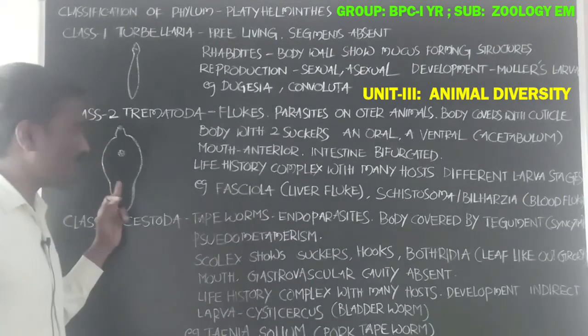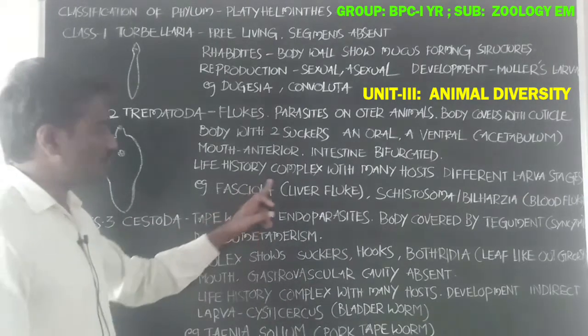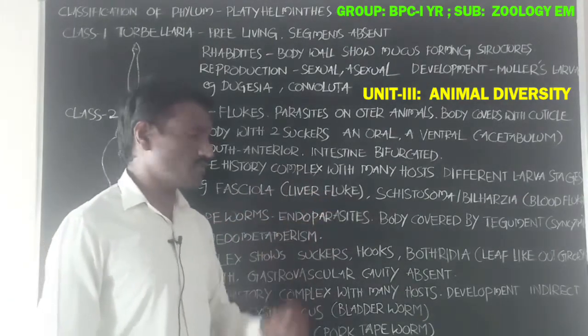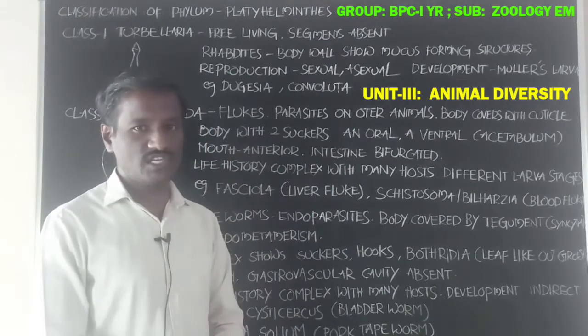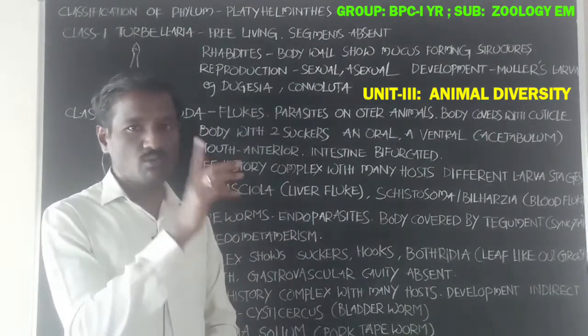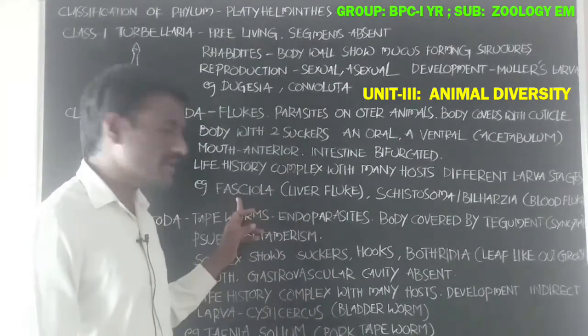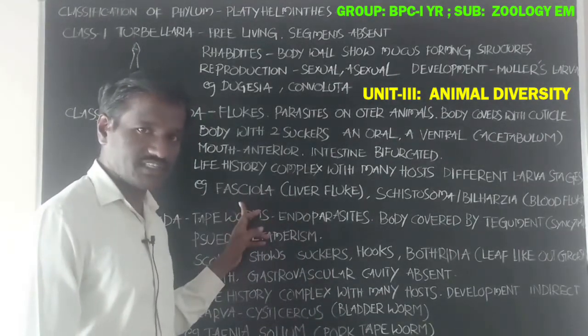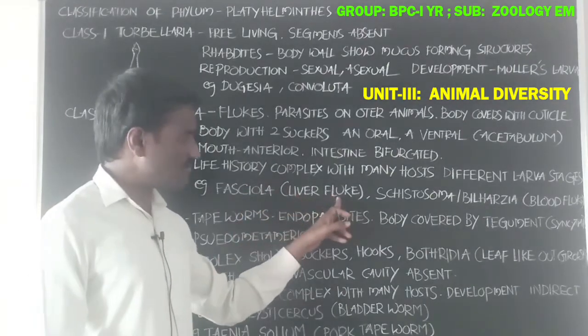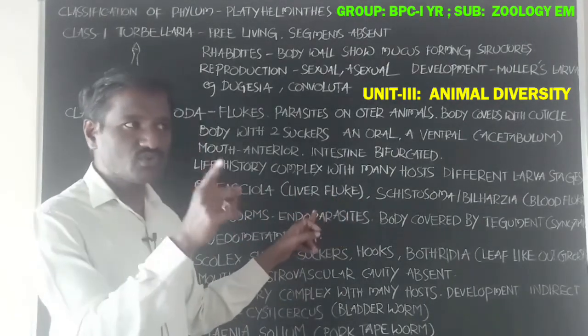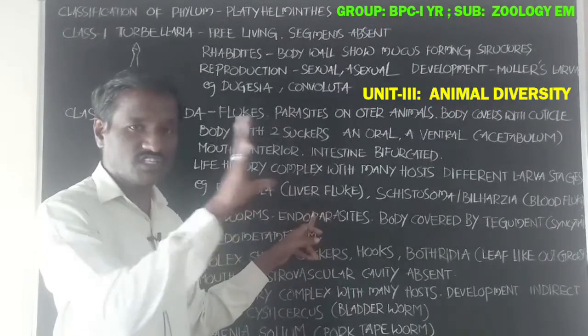This is the body of Fasciola. Fasciola is also called liver fluke, which lives in the liver of the sheep. Fasciola hepatica is the scientific name; the common name is liver fluke, hence it lives in the liver of the sheep.